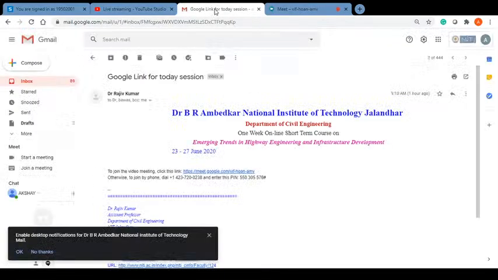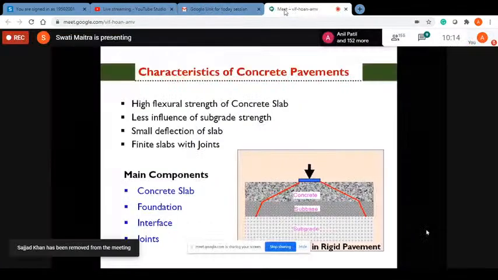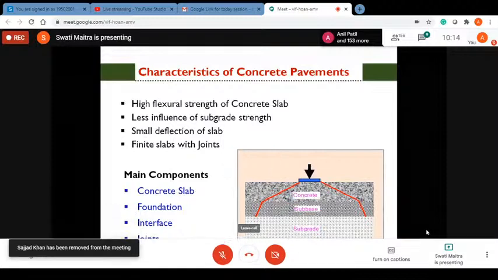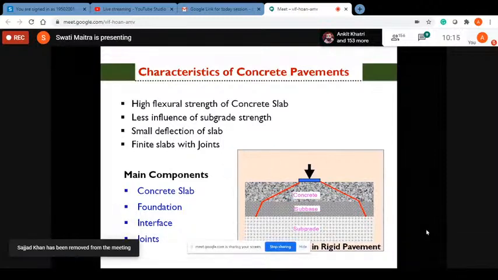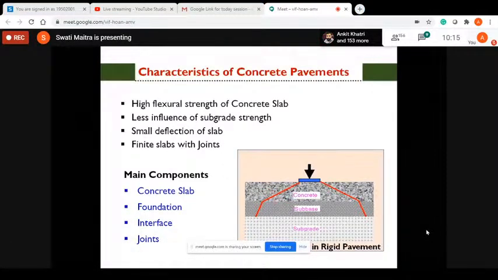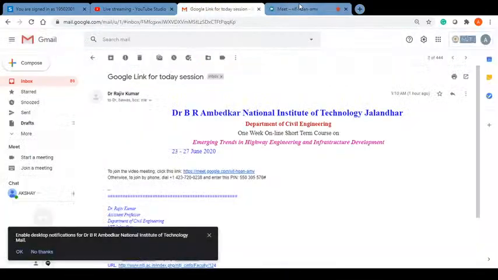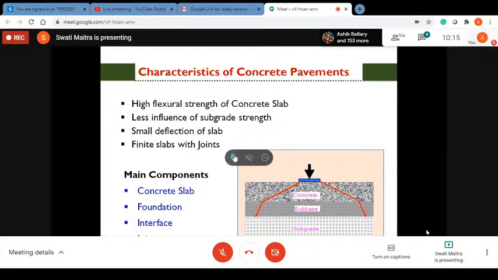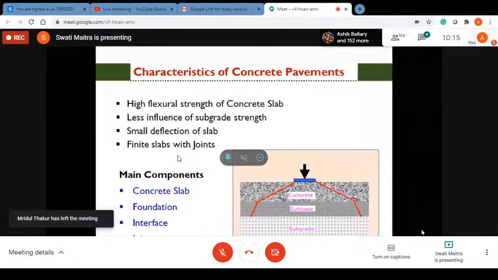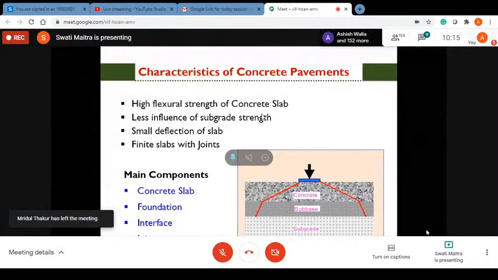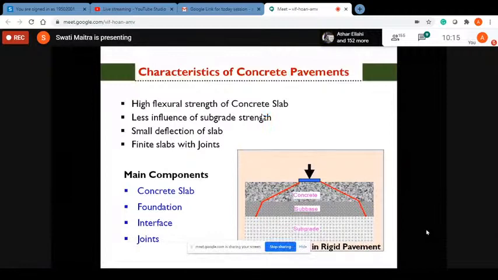Particularly whenever the subgrade soil is poor, concrete roads are preferred, because the strength and performance of concrete pavements mainly depend on the characteristics of the top concrete slab. So the influence of the underlying layers is much less in a rigid pavement, whereas it is different when you compare with bituminous or flexible pavement.